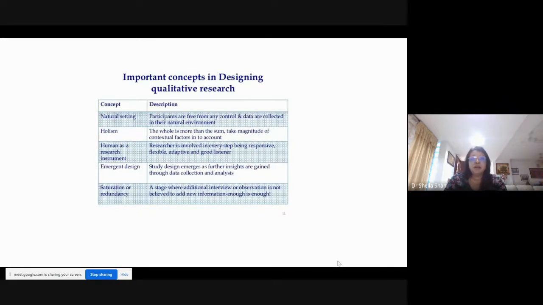We do our qualitative. What is so important? Concept in designing. What is the main thing here? You are doing it in a natural setting. The whole is more than the sum. You are looking holistically, on the whole, not at one part. Human as a research instrument, you are having what, not a relationship.